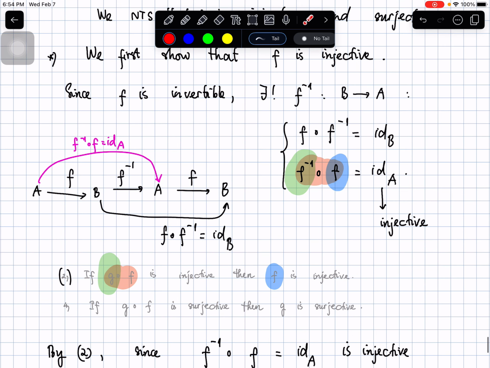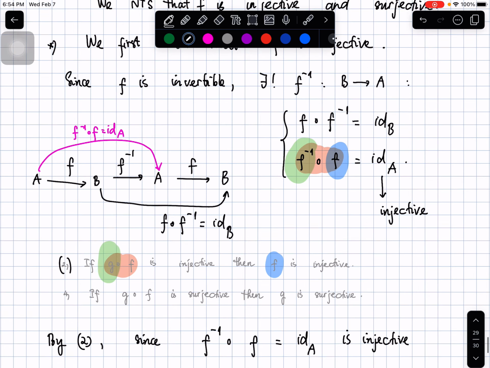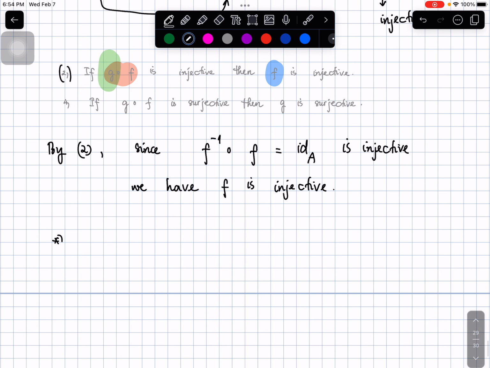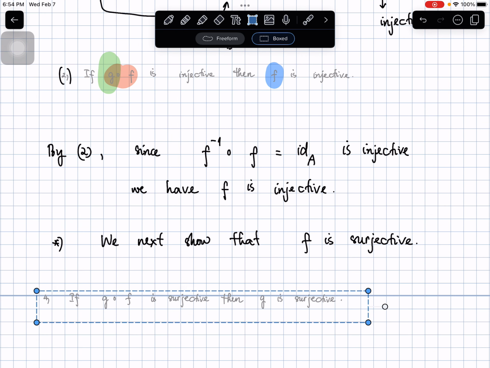What about the second part? f is surjective because, next, show that f is surjective. Recall that we have this theorem, say theorem number 4.